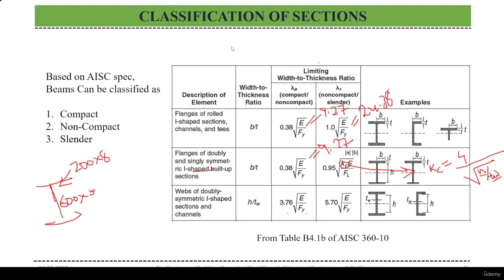We have seen Fy here, but what is meant by FL? This is the limiting stress for yield strength. FL is nothing but 0.7 of Fy. The code has provided all the values here, no need to worry about this.